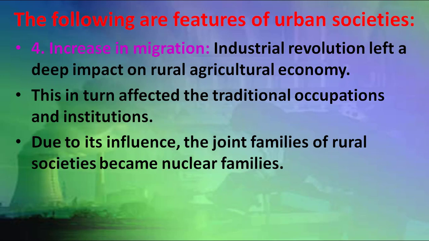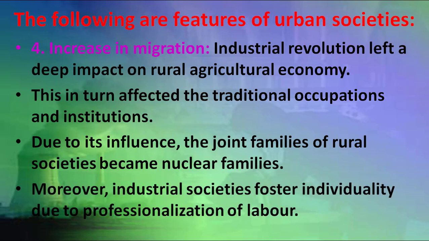This in turn affected traditional occupations and institutions. Due to its influence, the joint families of rural societies became nuclear families. Moreover, industrial societies foster individuality due to professionalization of labor. So these are some of the very important features of urban societies.